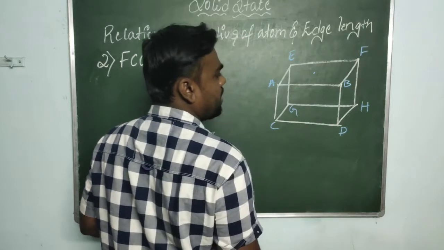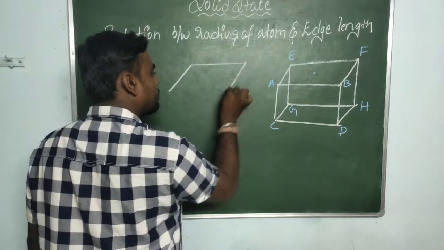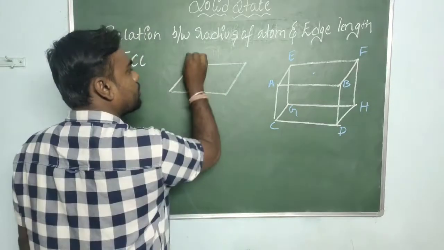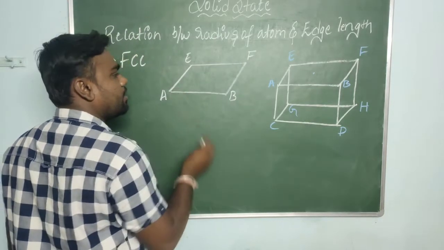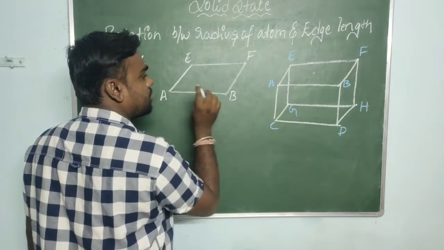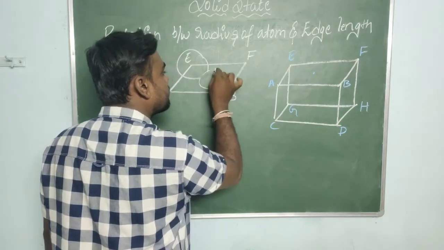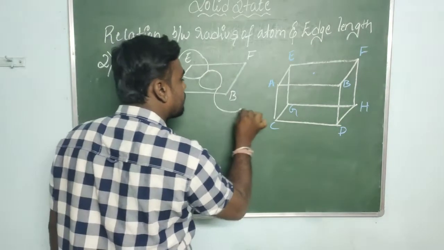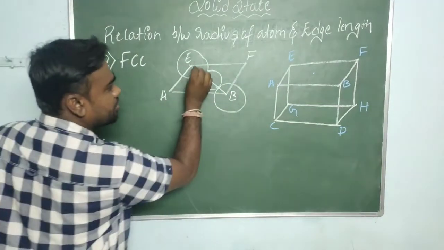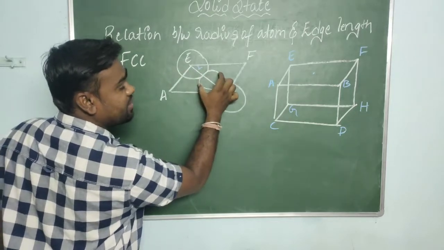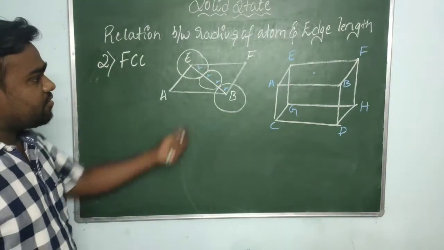I can take the plane EFBA as the face. The atom here has a radius, and this is the face. We are getting two radius here in the face.